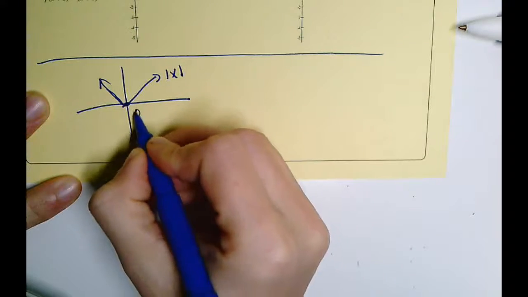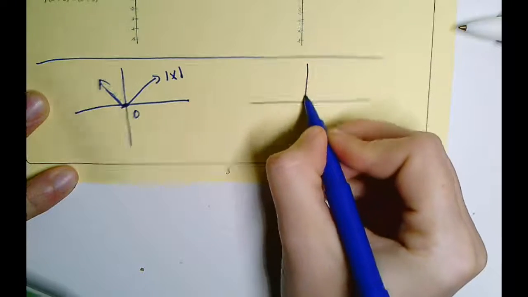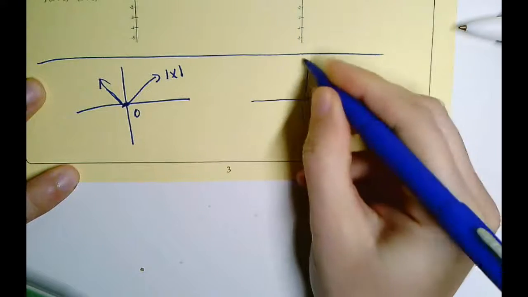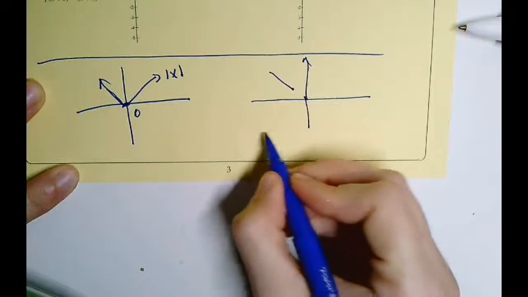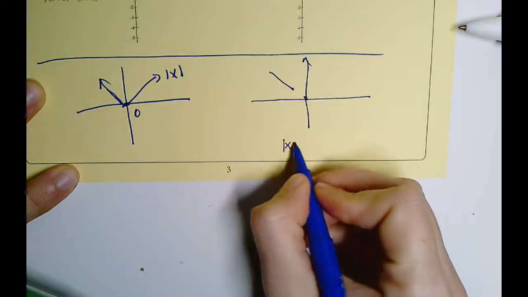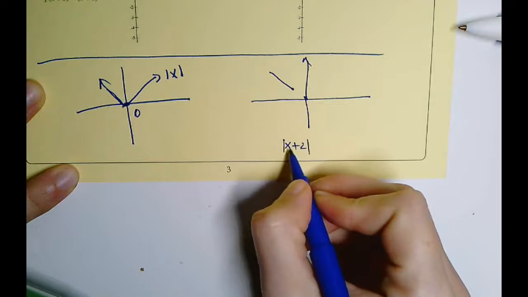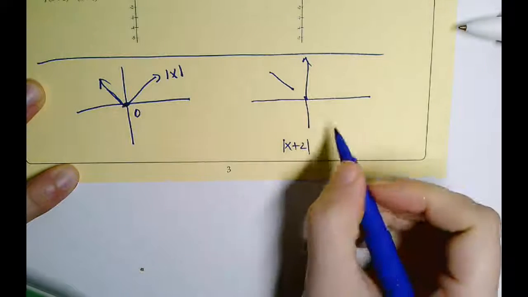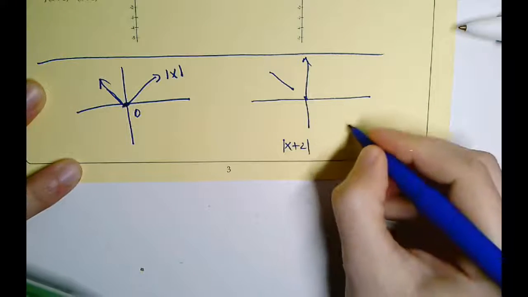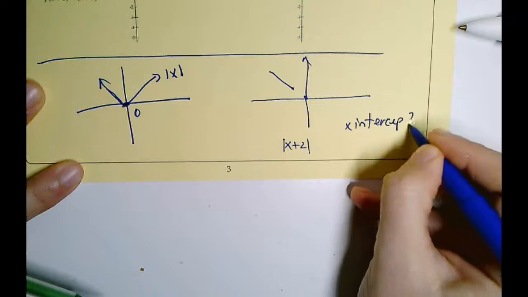I know it's 0. What if I want the graph of absolute value of x plus 2? So I'm adding 2 to the x. Where is this going to move? So where is the x-intercept now?